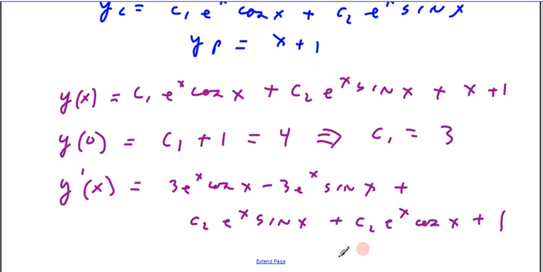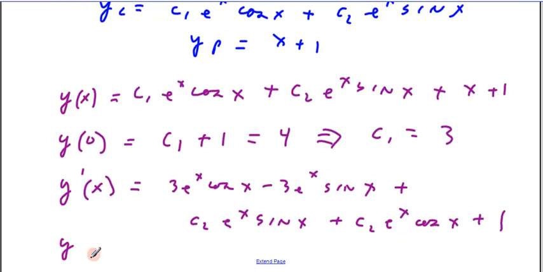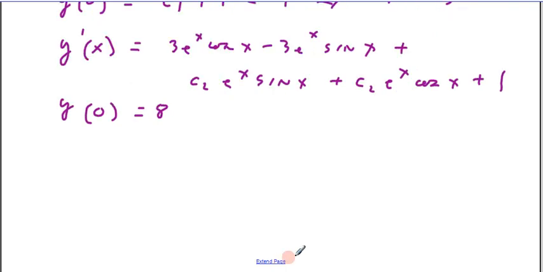Okay, so we've taken that derivative and we find y prime at 0. What is the initial condition? Y prime at 0 is 8. So y prime at 0 is going to be 8. And I put a 0 in there. That's a 1. That's a 1. This is 3.